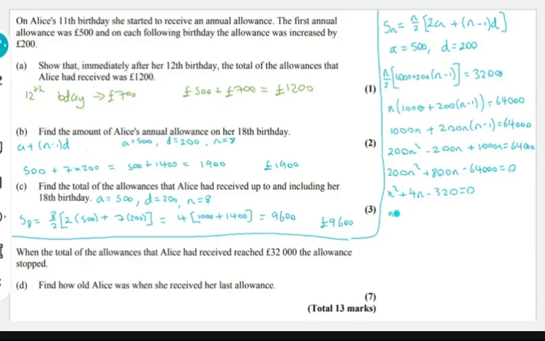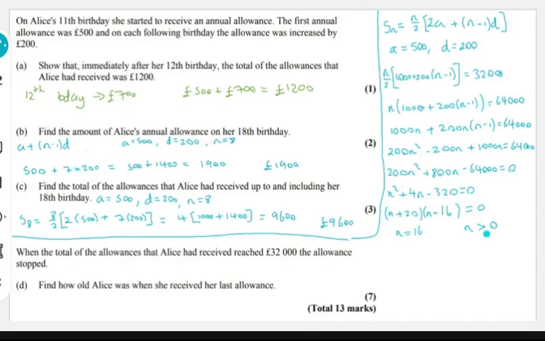So n plus 20 times n minus 16 equals 0. So there's n equals minus 20 and n equals 16, but we're of course going to take n equals 16 because we want positive values. So now I've got a value for n.